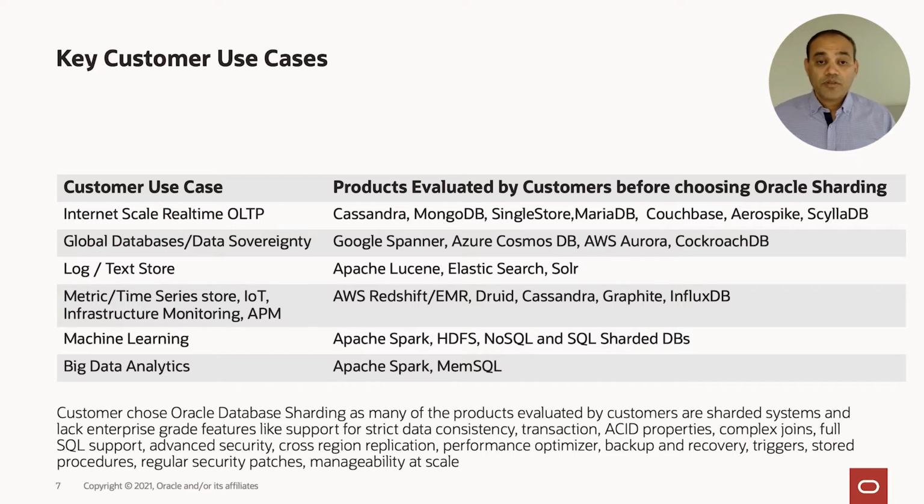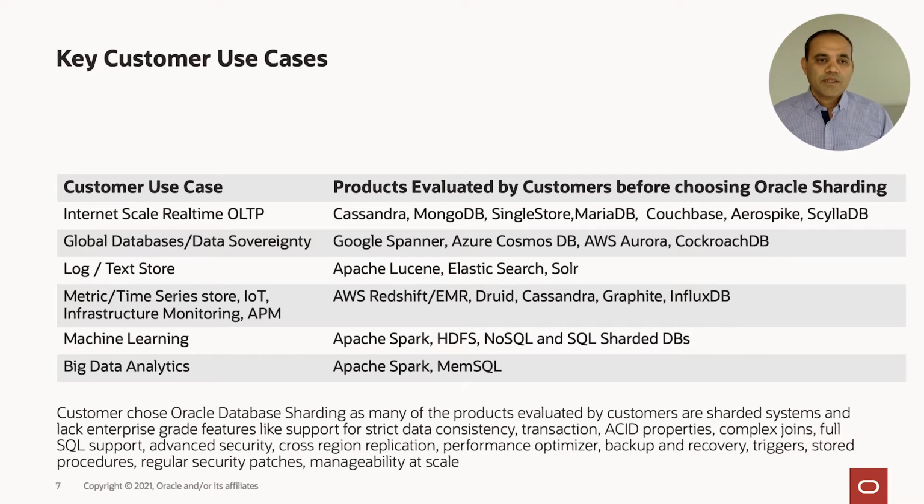Global databases and data sovereignty, things like healthcare, medical records, payment card industry, and so on and so forth. Those kinds of applications also use sharding for the data sovereignty use case.